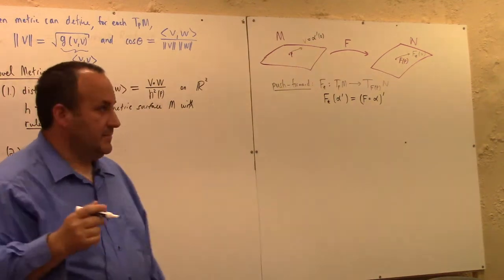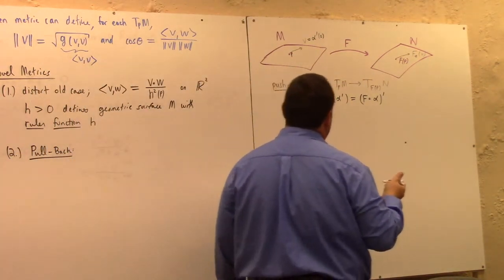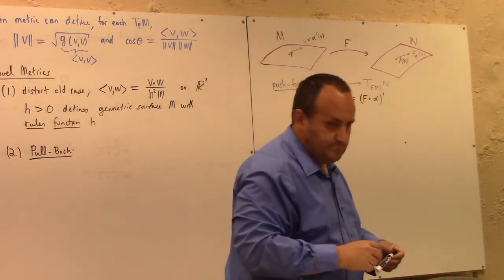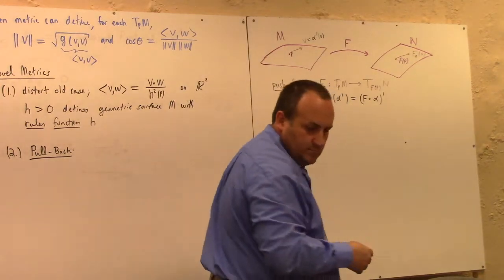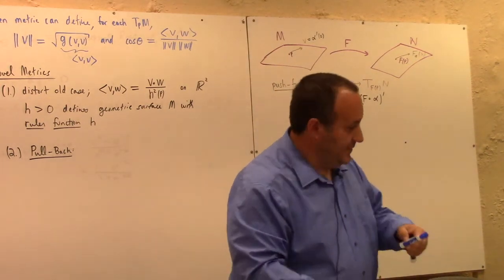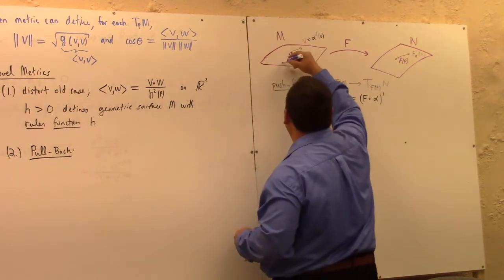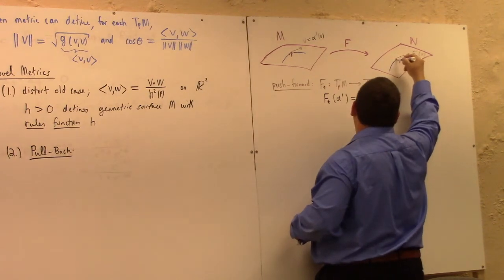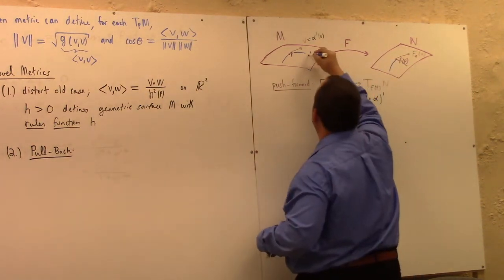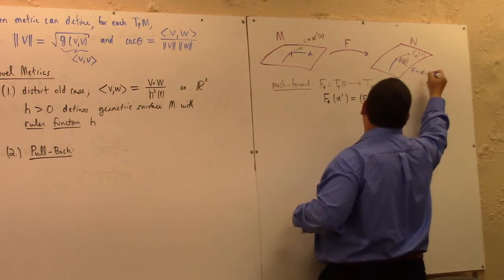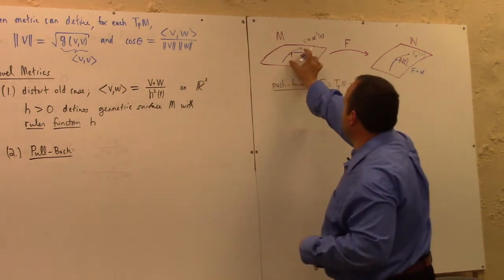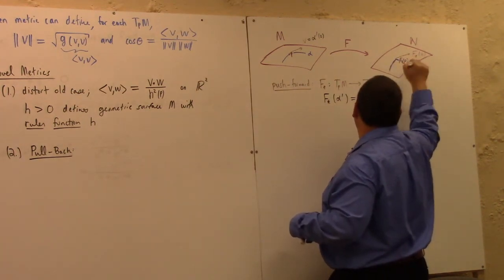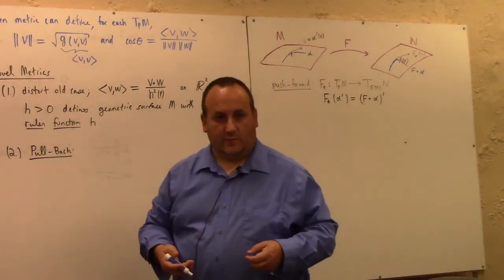Just to draw a picture, slowly but surely I lose my markers. This would be alpha on this surface, and this is the image, F composed with alpha, because F composed with alpha takes this curve and maps it over to the image curve over here. And so you can calculate the tangent vector to that. That's the push forward. Okay?